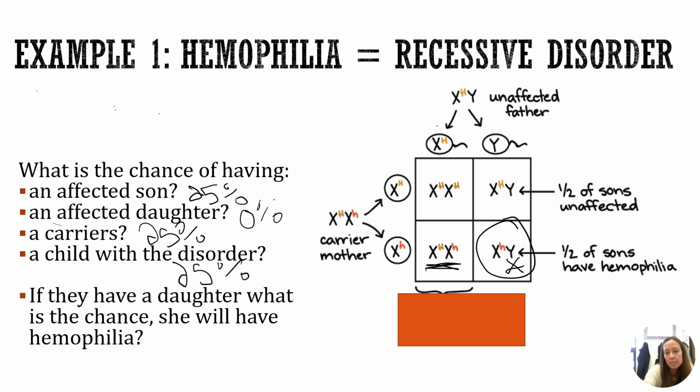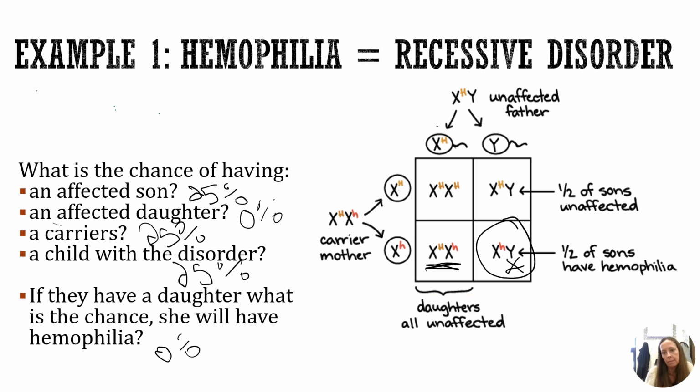Now, if my question said, if you have a daughter, what are the chances she will have hemophilia? I'm looking at this. None of my girls have hemophilia, so 0%. If I had a son, so I'm already saying I have a son, so I'm only looking at the last 2 squares. What are my chances that he would have hemophilia? That's 50%. Okay, so you have to be very careful with the wording of the question.